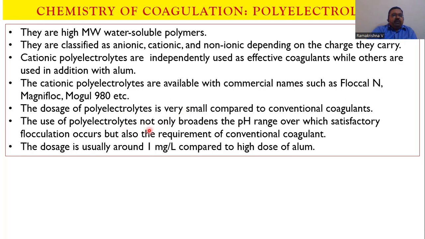The use of polyelectrolytes not only broadens the pH range over which satisfactory flocculation occurs, but also reduces the conventional coagulant requirement. The dosage is only around 1 milligram per liter. So that's why wherever possible, polyelectrolytes are used to reduce the cost of coagulant and the amount of sludge to be handled during coagulation practices.